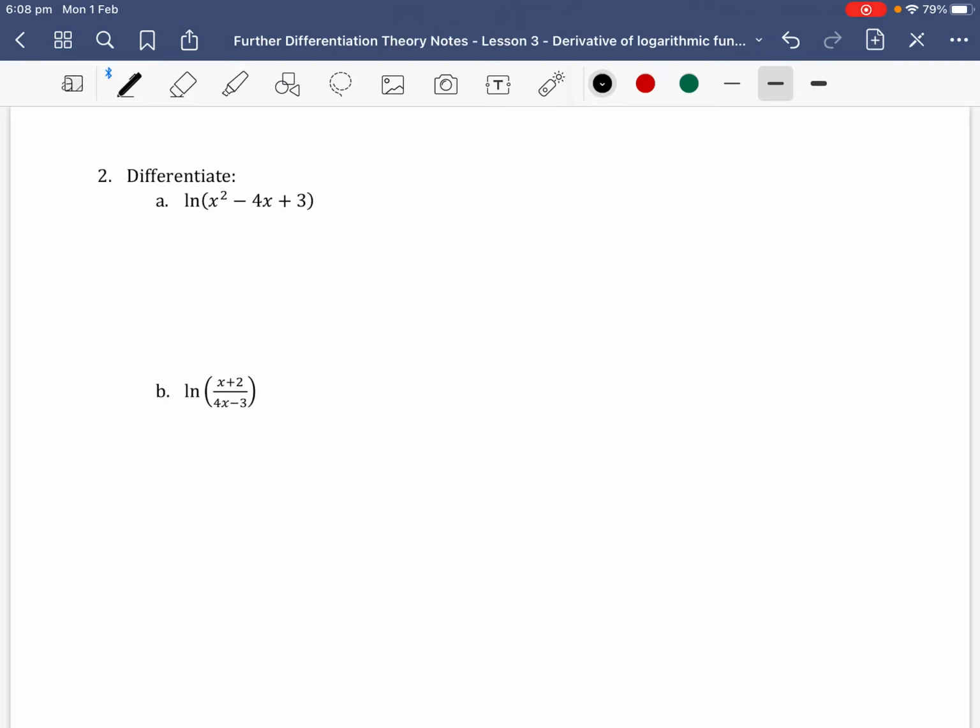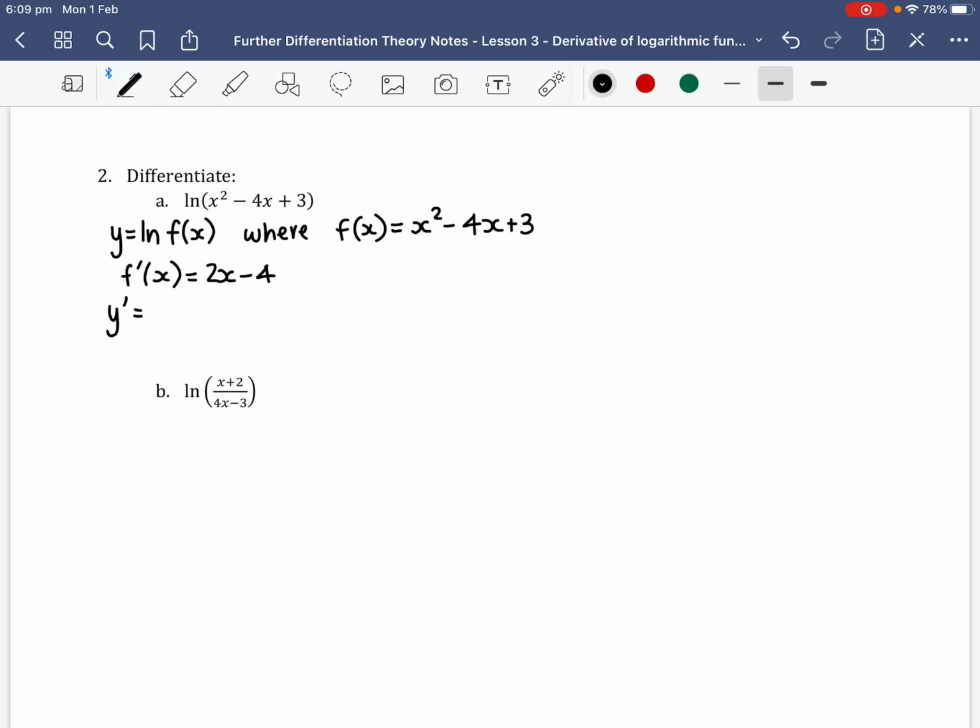So in this case, y equals ln of f(x), where f(x) equals x squared minus 4x plus 3. So we need to differentiate f(x). The derivative of f(x) is 2x minus 4.